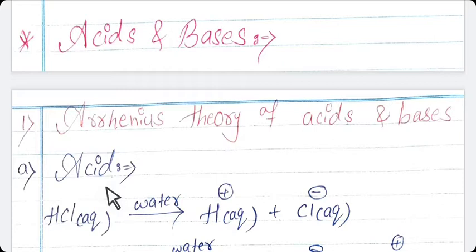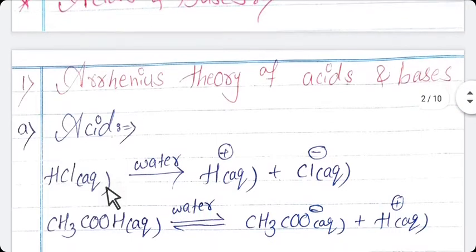Acid means it contains hydrogen, and when dissolved in water, in aqueous solution, it gives H plus ion.